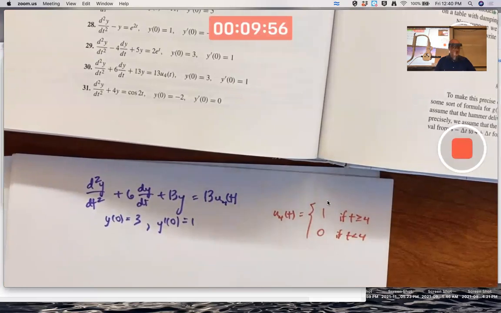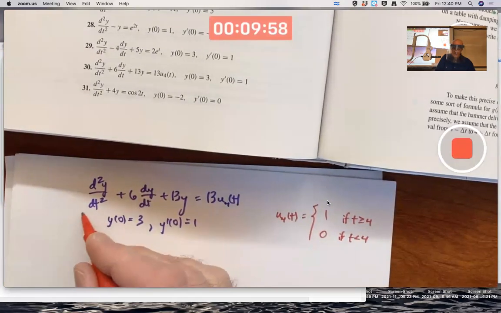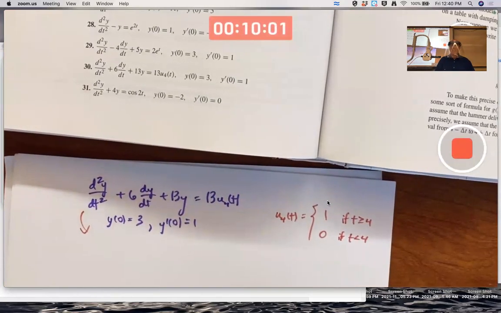All right, so as usual, we take the Laplace transform of both sides of the equation. Use linearity. I'm going to do two steps at once here.